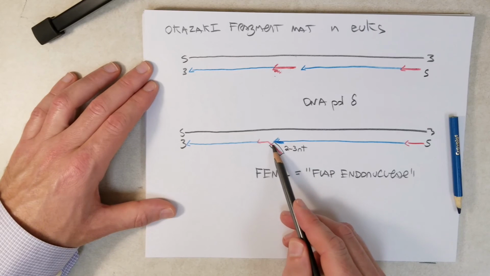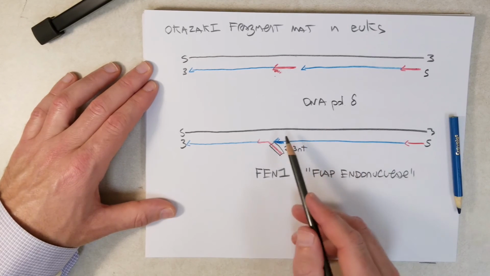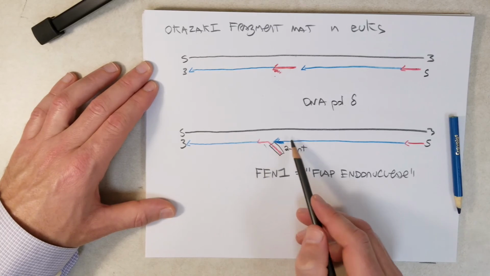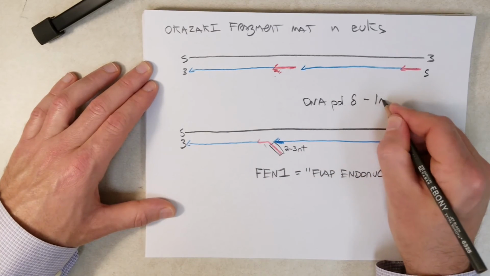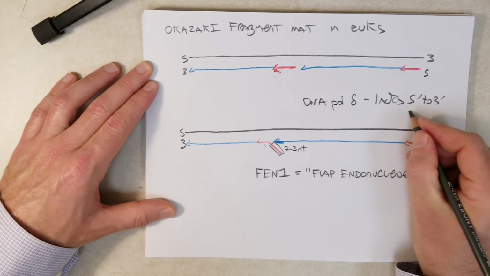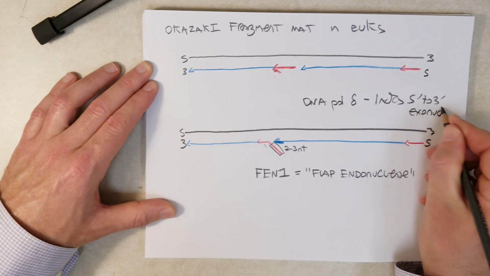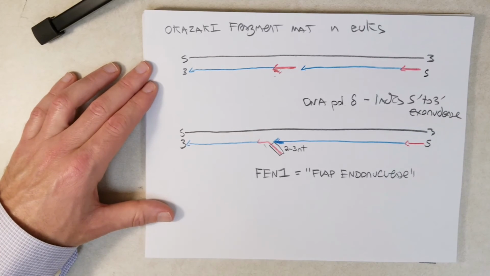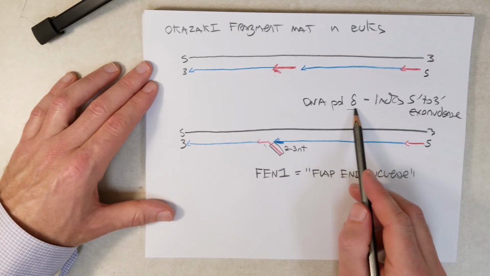And once that flap is gone, DNA polymerase delta can wedge itself in again and make another flap. The reason it has to do this is it lacks a 5' to 3' exonuclease activity. You know, that activity that DNA polymerase 1 has in prokaryotes, DNA polymerase delta doesn't have it.